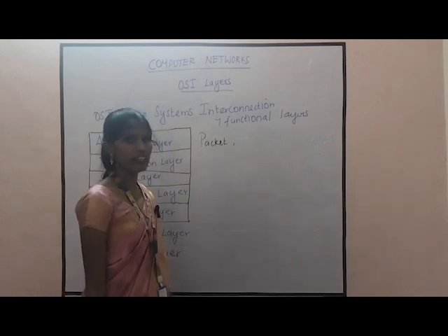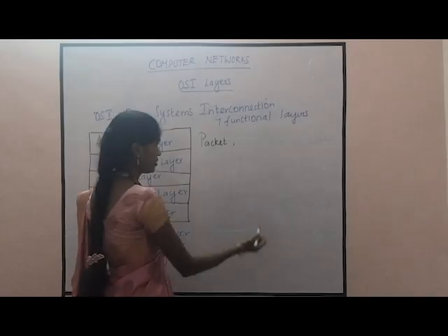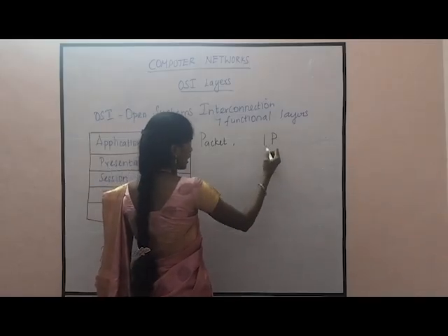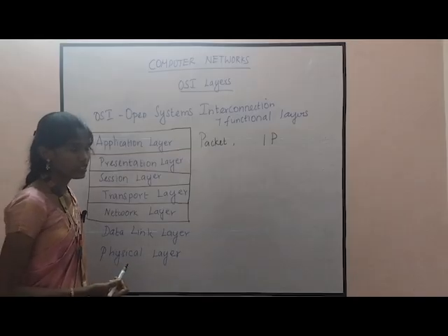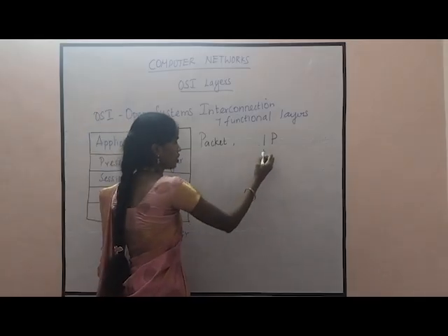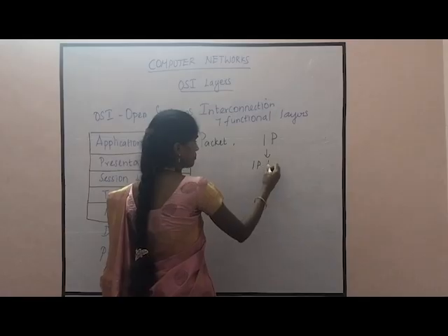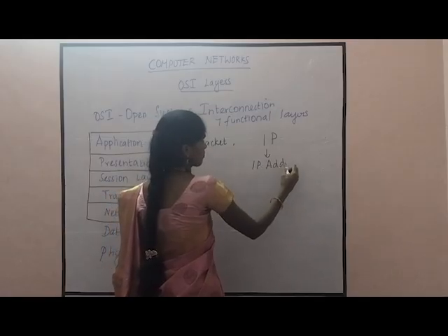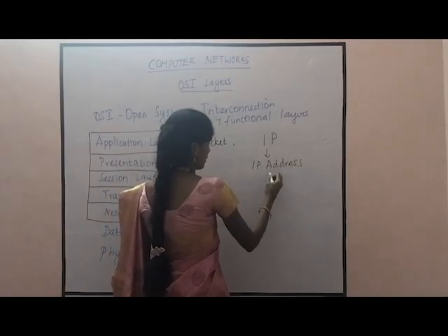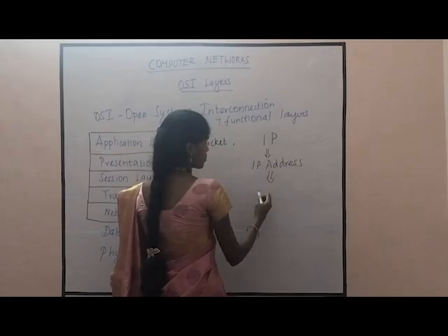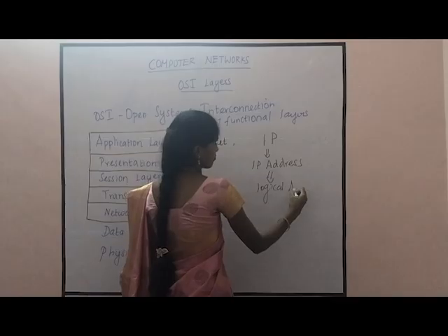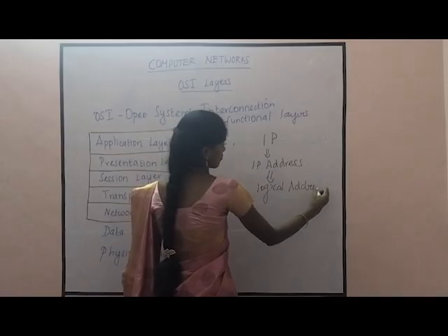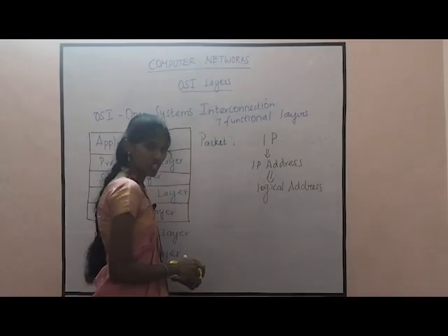Then, as usual, what is the protocol we use here? We use IP, that is Inter-Networking Protocol. Inter-Networking Protocol uses one address called the IP address. It's otherwise called a logical address.